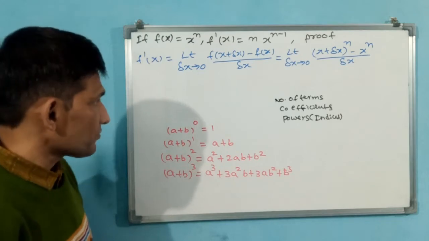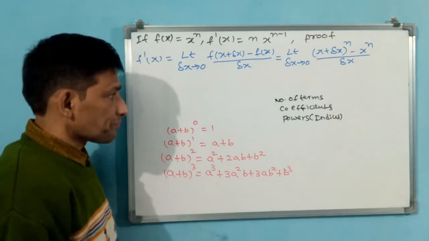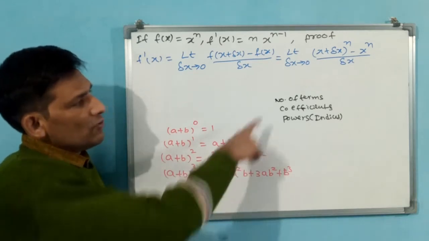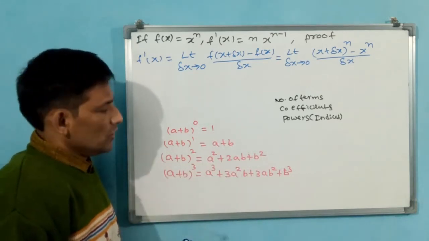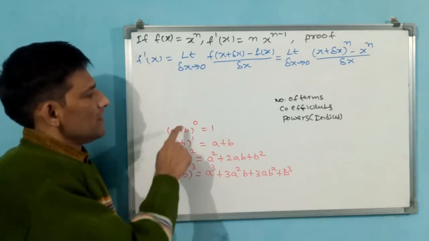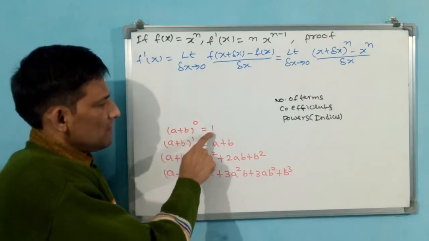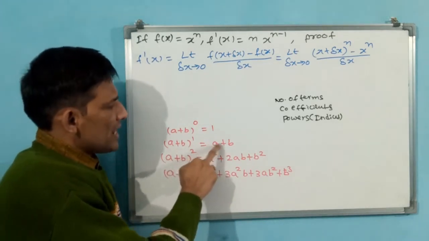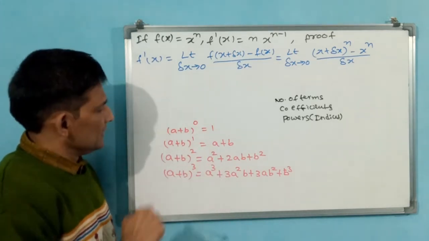Okay, next. Number of terms you understand and powers also you understand. Now you see coefficients. First one is coefficient 1. Second one, 1 and 1 is coefficient.